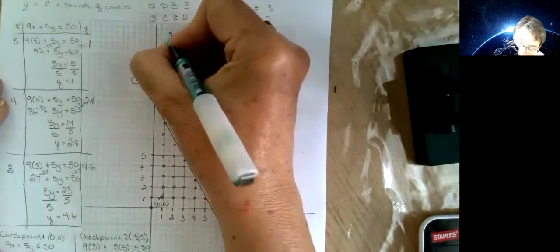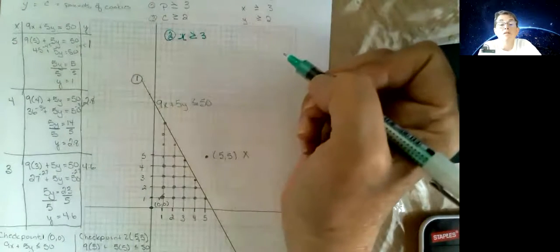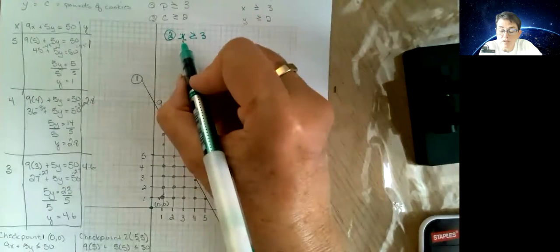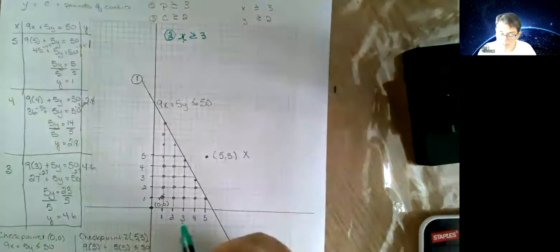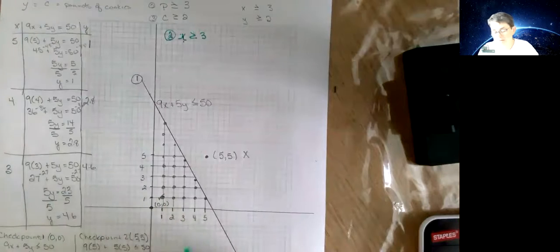So we're going to do number 2 here. And we got X is greater than or equal to 3. Now, if you remember from before, this is one of those lines that is horizontal or vertical, and it's going to cross the x-axis at 3. So here's my x-axis. There's 3.